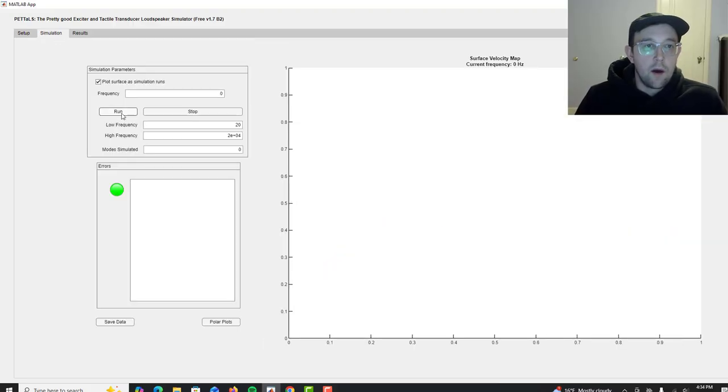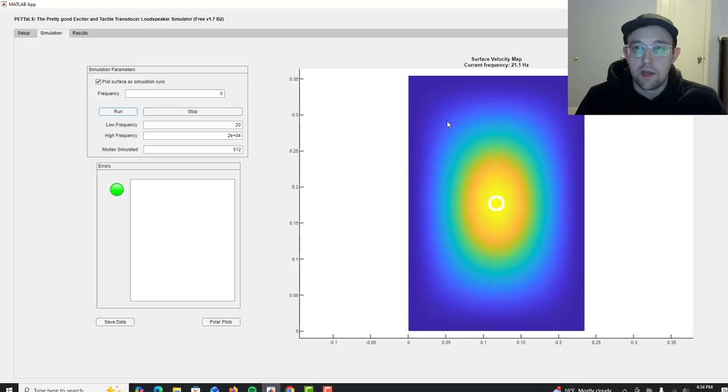So, okay, now I can run the actual simulation, which is going to show me what the panel movement looks like at all of the different frequencies that I'm simulating, which is this. Nothing happens at first, so I'm going to uncheck this to speed up the simulation a little bit.